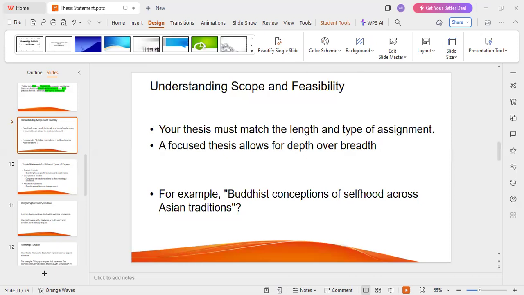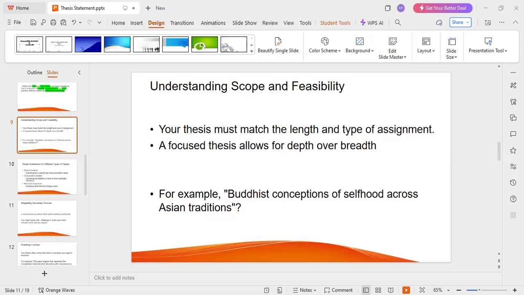If we consider a very limited word count, that can mean that you have only limited evidence to present. And also sometimes you can attempt too much. Because of that, focusing your thesis is very important. That would allow depth over breadth.